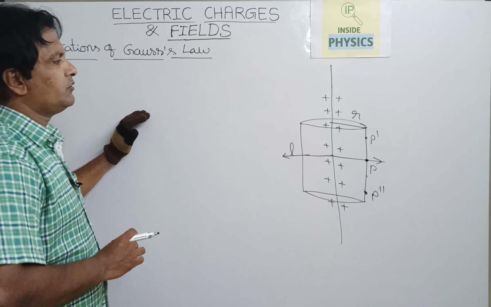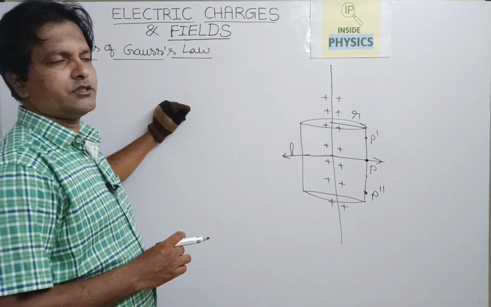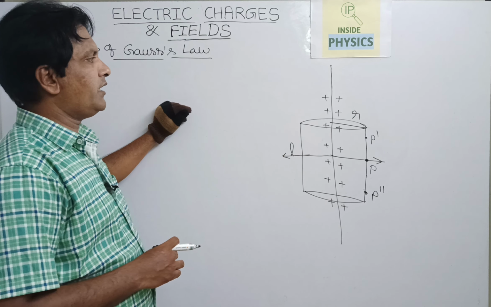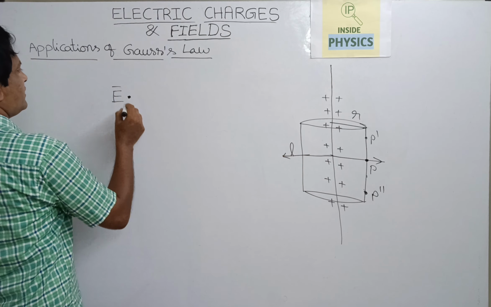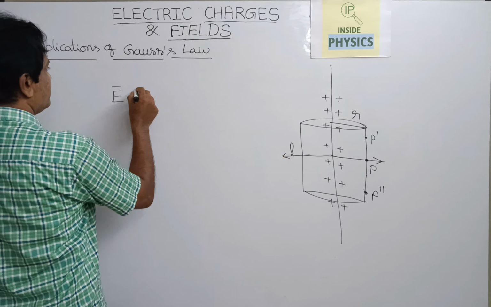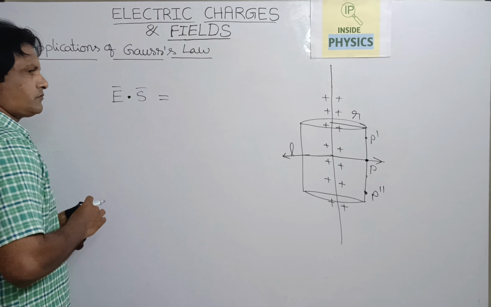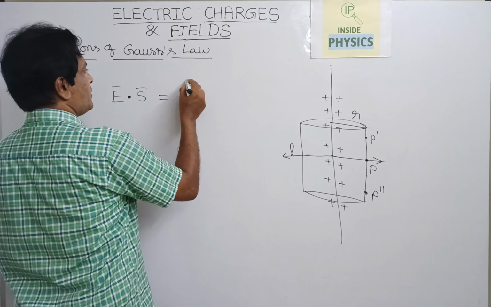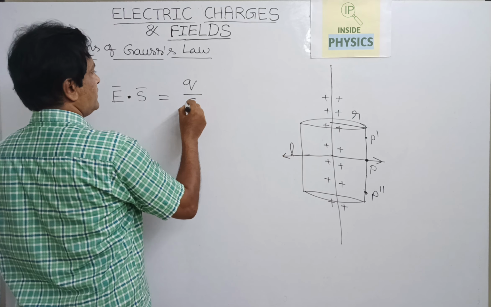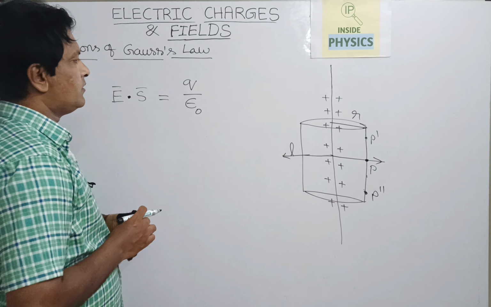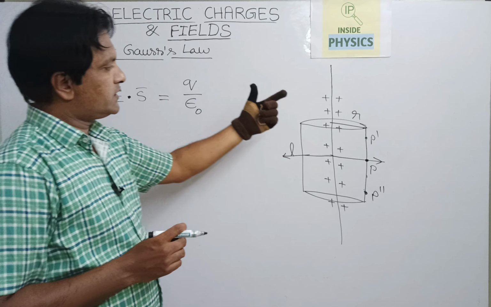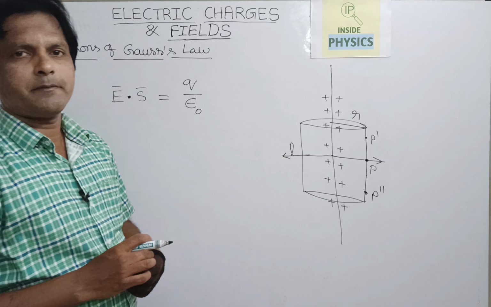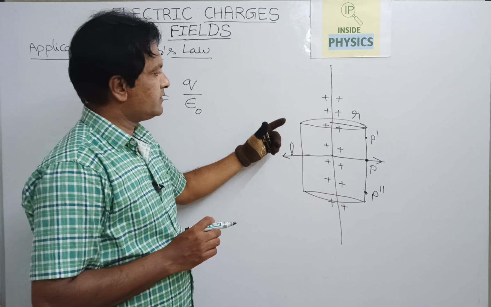How do we get the mathematical relation for the electric flux? We know that E bar dot S bar is equal to Q by epsilon naught. Here the cylinder will have a surface charge.